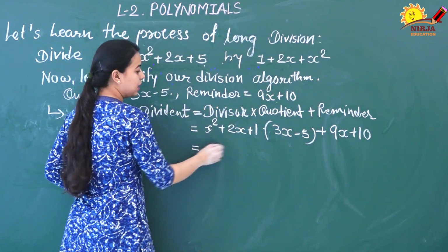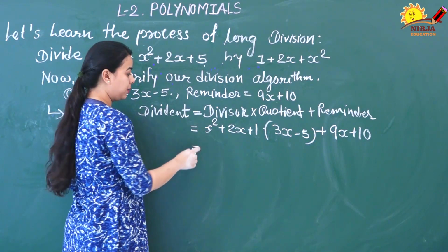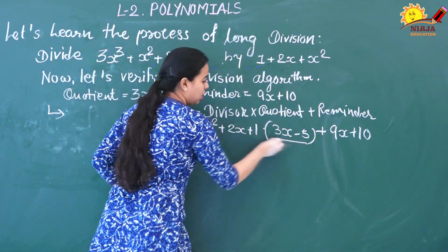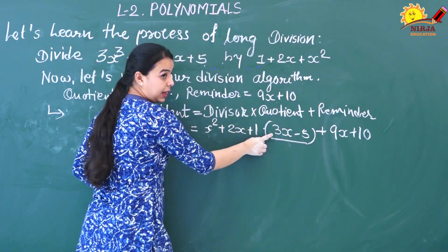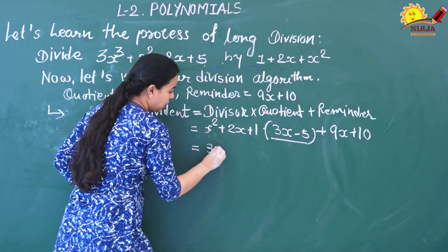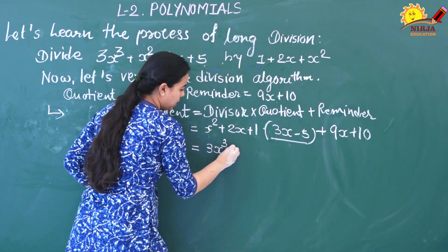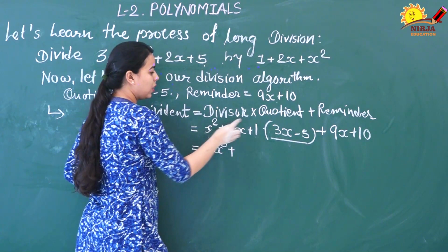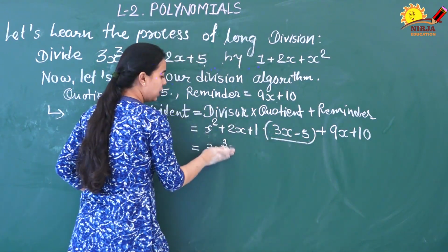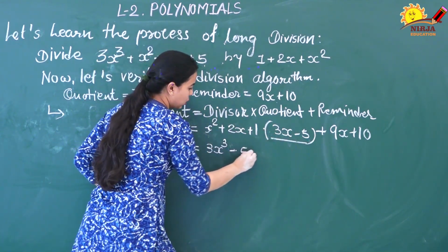Now, let us multiply both the terms. First I am going to multiply x square by 3x, which is 3x cube, plus x square multiplied by minus 5, which will be minus 5x square.